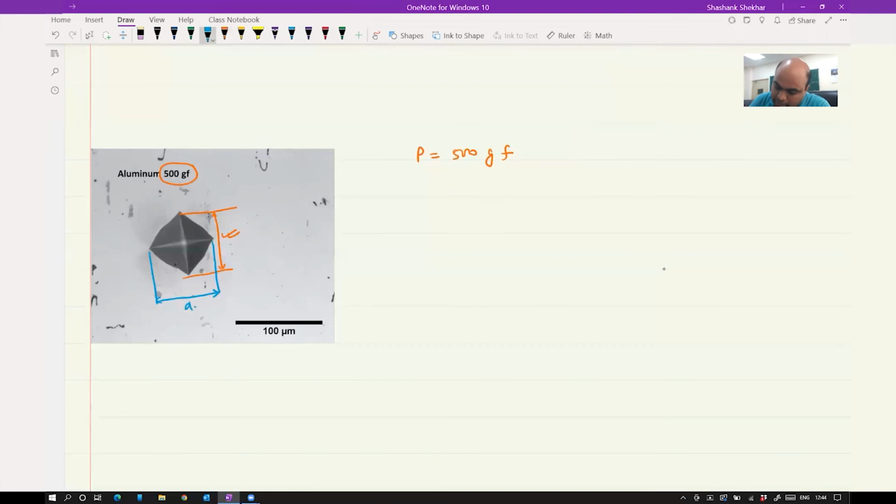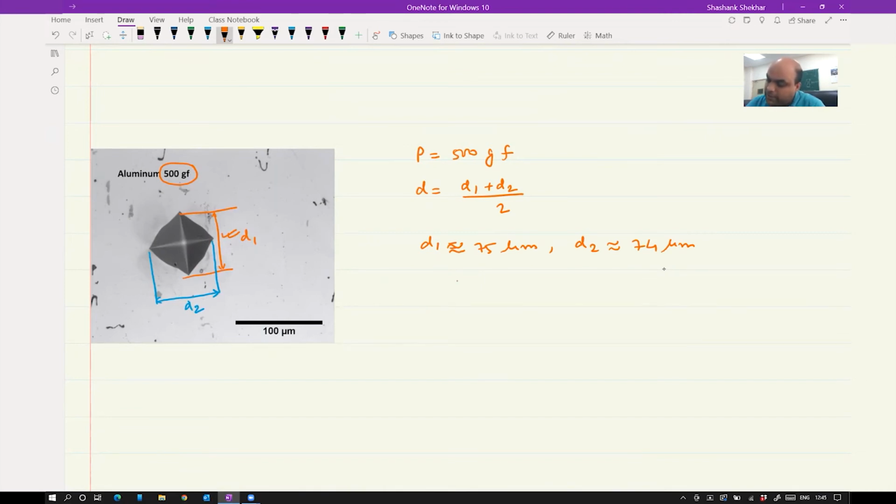So you have to measure D1 and D2, and then find out the average of D1 and D2. Here, if you try to solve, D1 is going to be nearly 75 micrometer, and D2 is going to be nearly 74 micrometer.